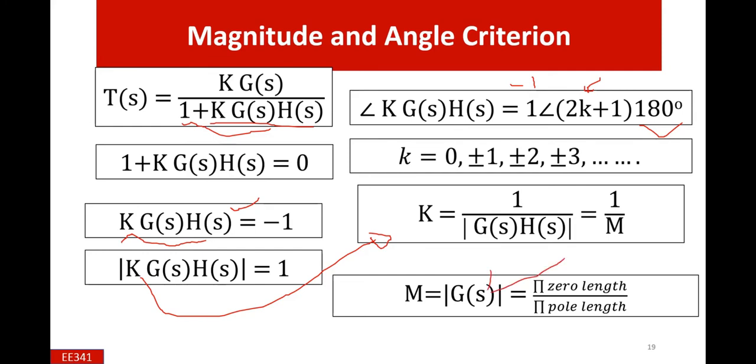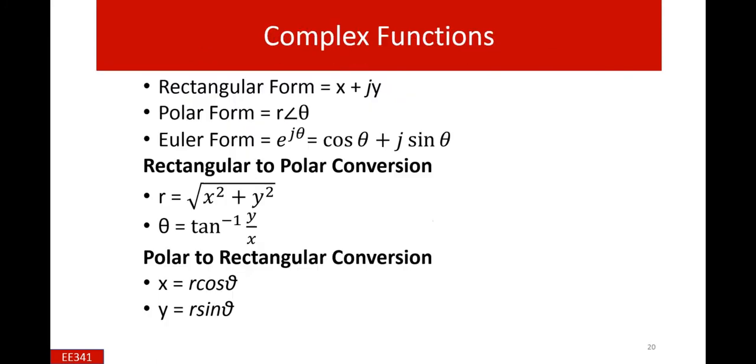So if we want to find the value of k, it is the product of pole lengths over the product of zero lengths. So this is the definition of k. We can find it directly, graphically, or by some numerical ways.